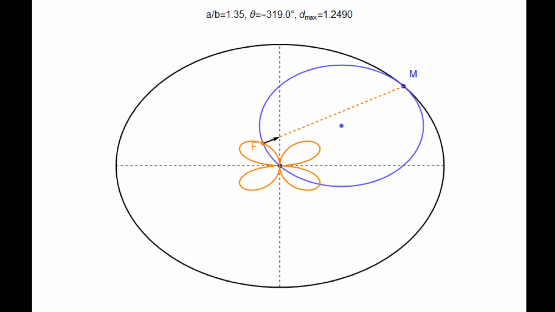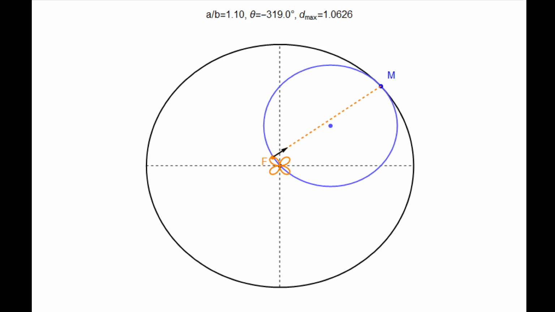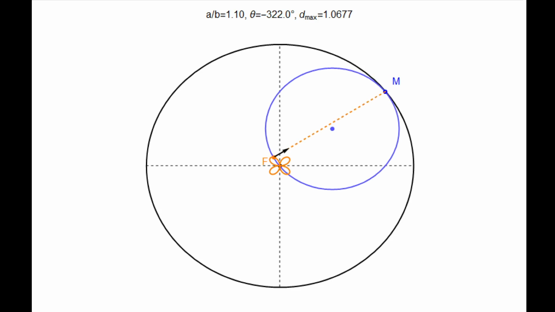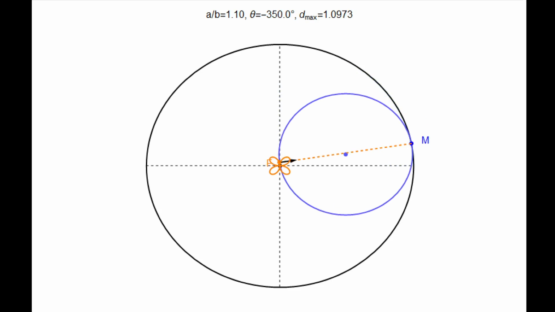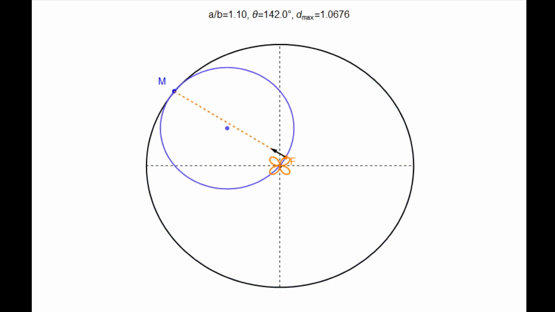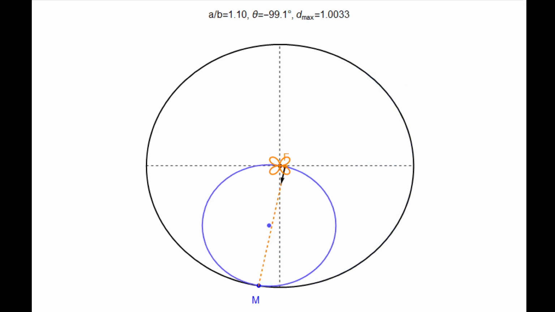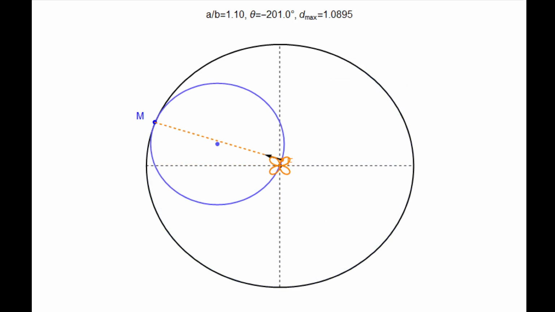Of course, if I further reduce the aspect ratio to 1.2, my clover becomes even smaller, 1.1, and as I approach the circle, the locus of F becomes an ever decreasing 4-leaf clover at 1.05 of aspect ratio.